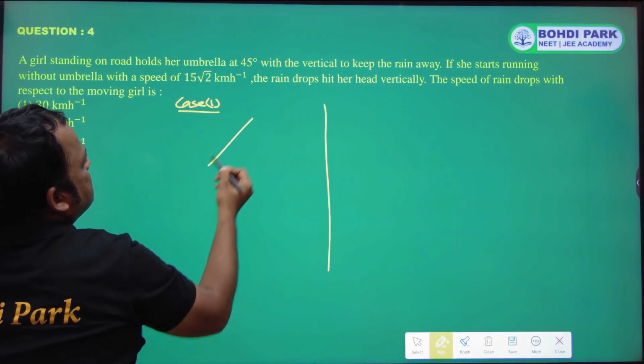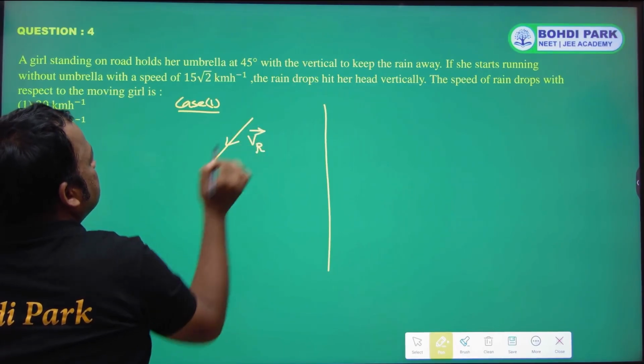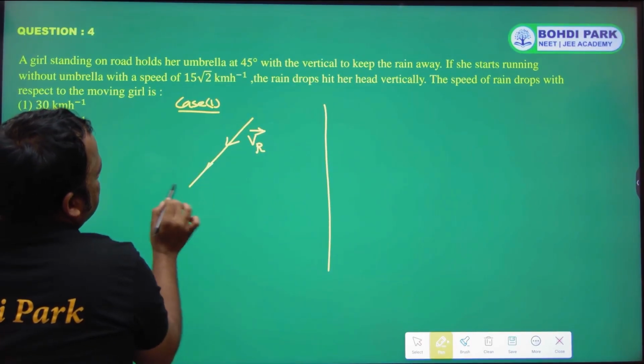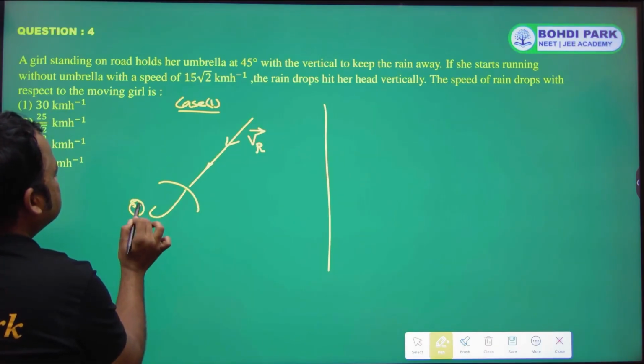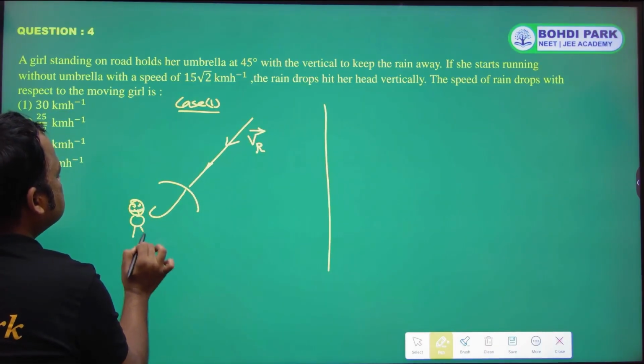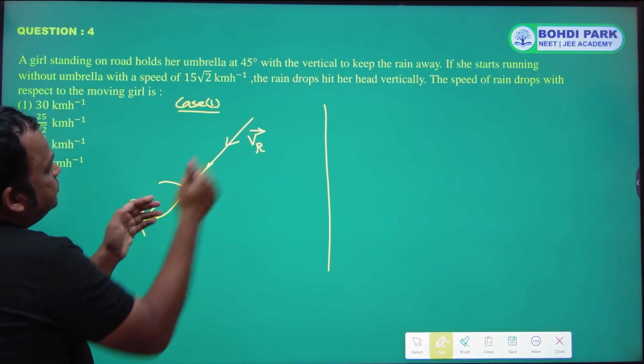So suppose this is the direction of raindrop. So this is velocity of rain. So umbrella will be like this, and the person is holding it like this, opposite to rain.